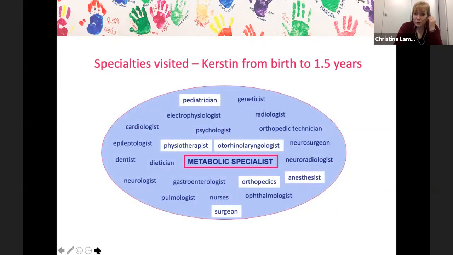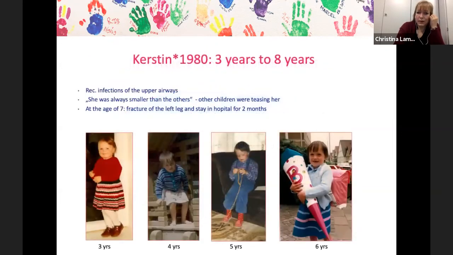So up to 1.5 years of age, she was seeing the surgeon and the anesthetist due to the umbilical hernia, an orthopedist due to the contractures and the hips, and the ENT physician due to the recurrent infections and ENT problems. She had physiotherapy and the pediatrician checking her regularly.